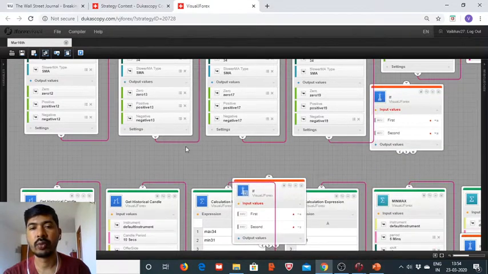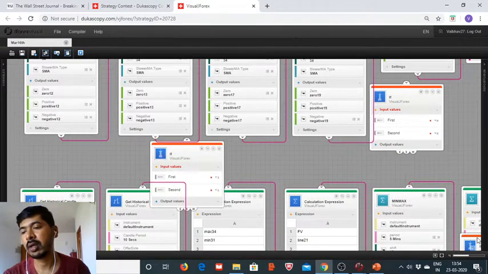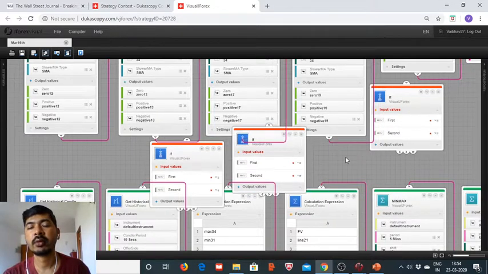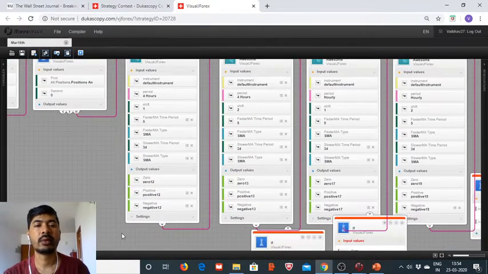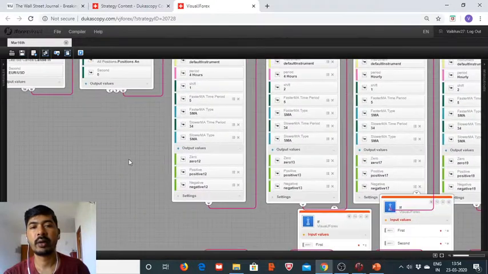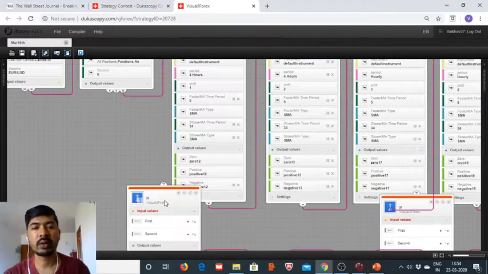So we are going to rely on the historical data as well. So here we are, 4 hourly blocks first.